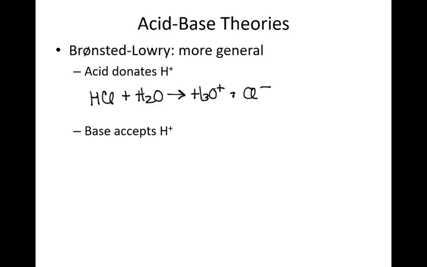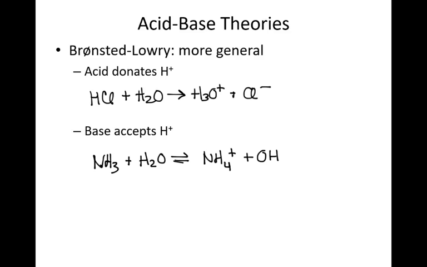A base accepts H+. So in this case, we can think about how ammonia could be a base. Ammonia can't donate OH-, but it can accept an H+ from water to become NH4+.